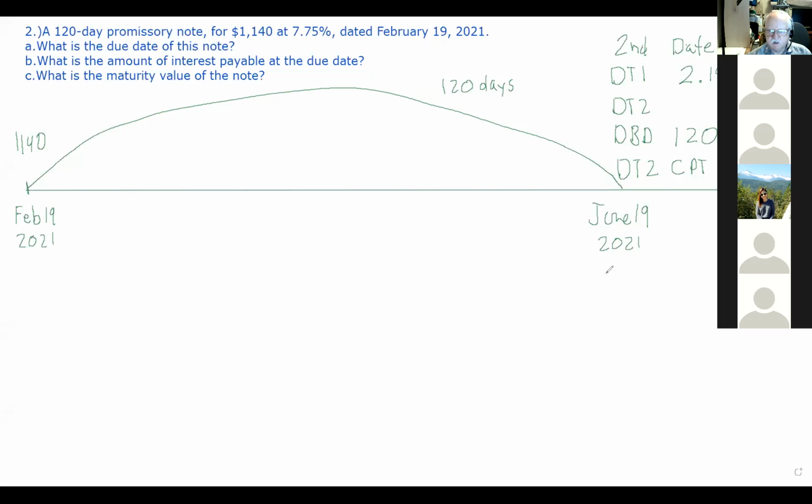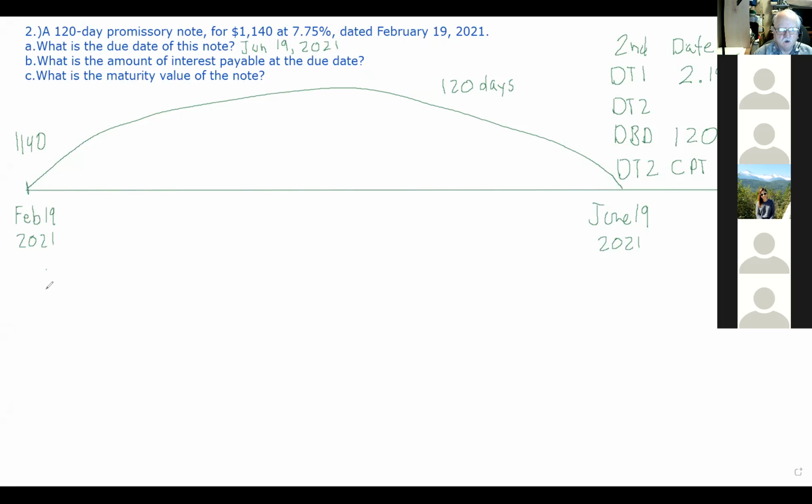So we've decided in a couple of ways that this is June 19th. So let's go back to our questions. What is the due date of the note? And we've decided June 19th, 2021. So what is the amount of interest?